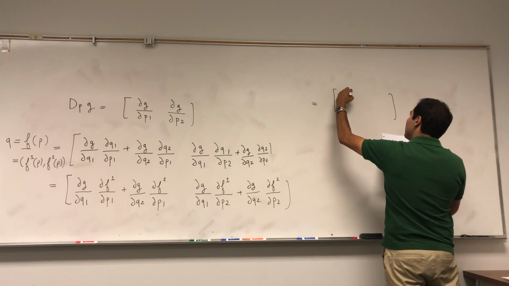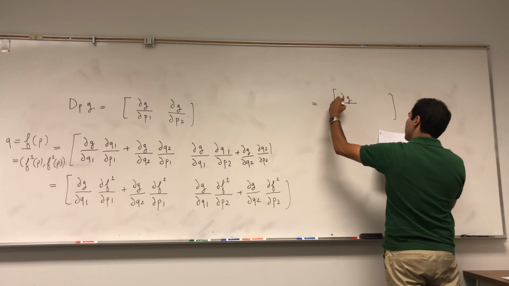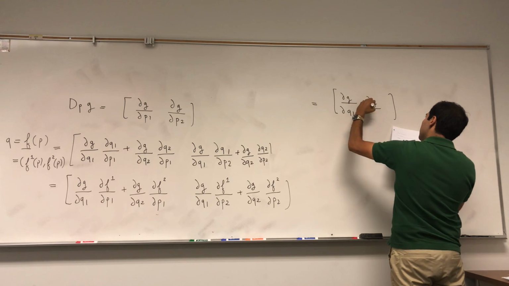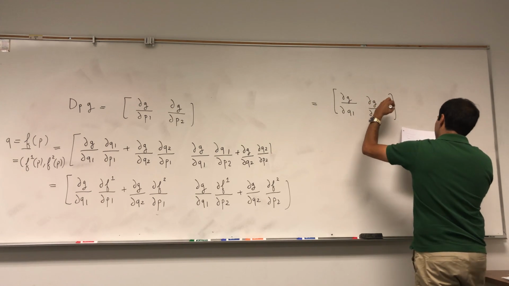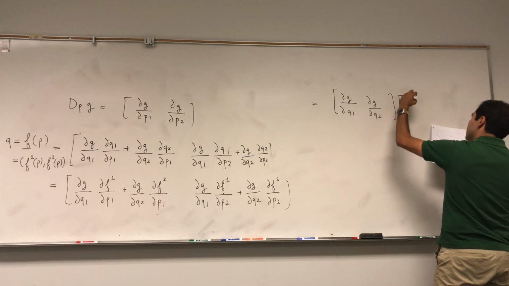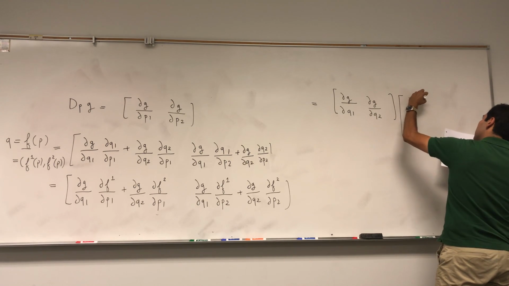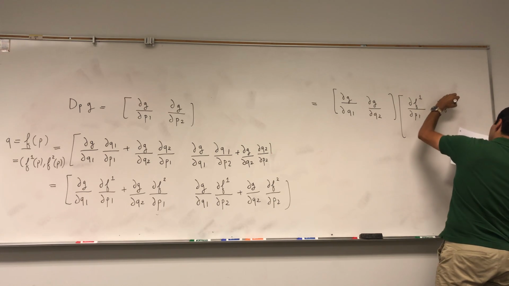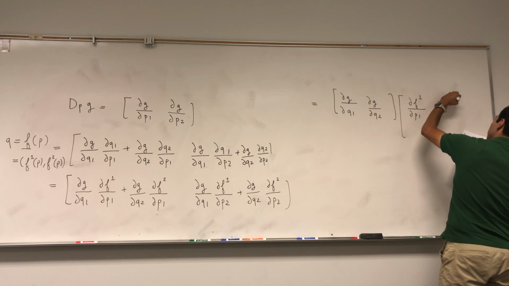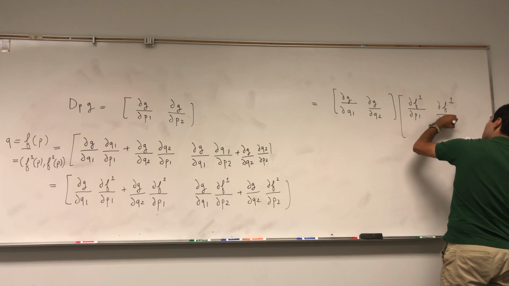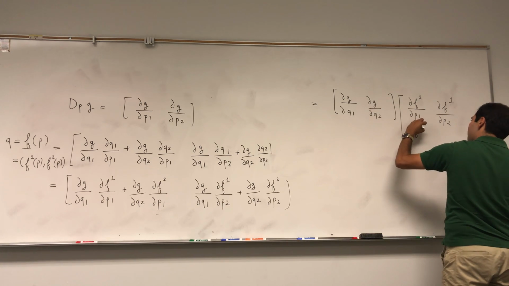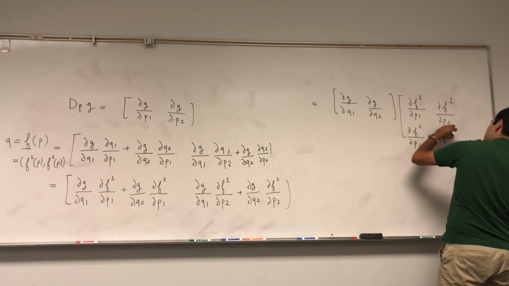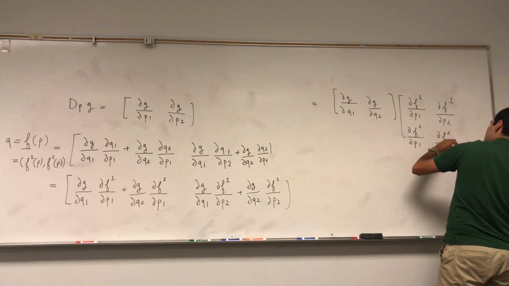On the one hand, you can think of it as dg dq1, dg dq2, and the other thing is df1 over dp1, df1 over dp2, df2 over dp1, df2 over dp2.